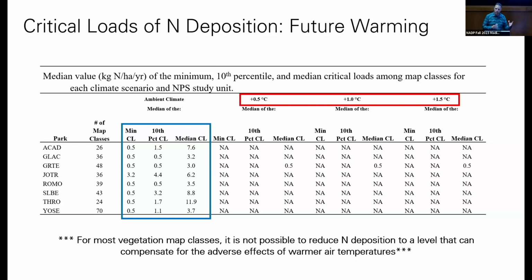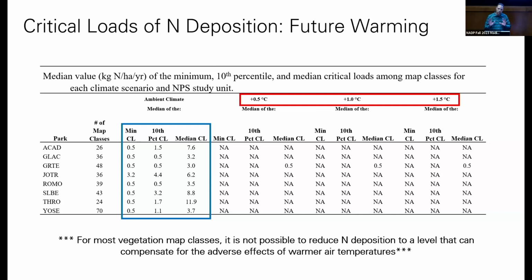And based on what we saw in the responses to climate change, what's happening is that the climate is expected to decrease the occurrence probability, by and large, for enough species to disallow the reductions in nitrogen deposition to compensate for or offset those adverse effects from warming. So in those cases, we say that the critical load is not attainable. There is no level of deposition that can be reduced in order to achieve maximum occurrence probability under current climate.